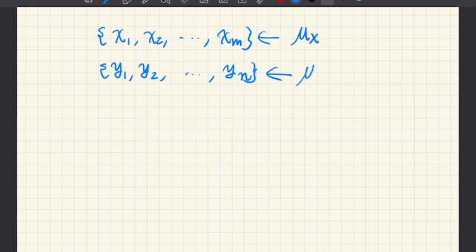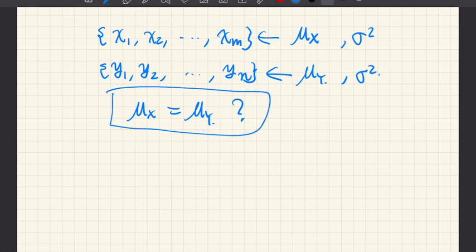And the second one should have its theoretical mean mu y. And we assume they both have the same variance, sigma squared. Now, we want to test whether the two means are the same. So this is the question. This is our null hypothesis.